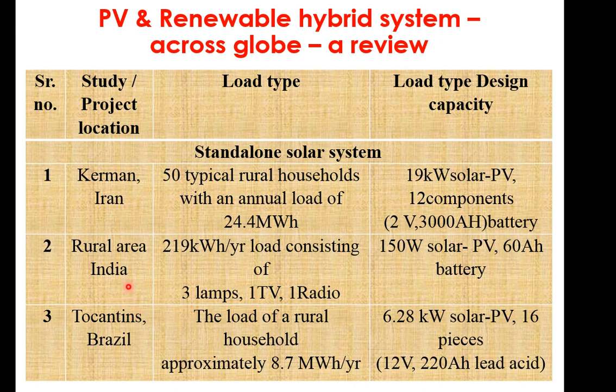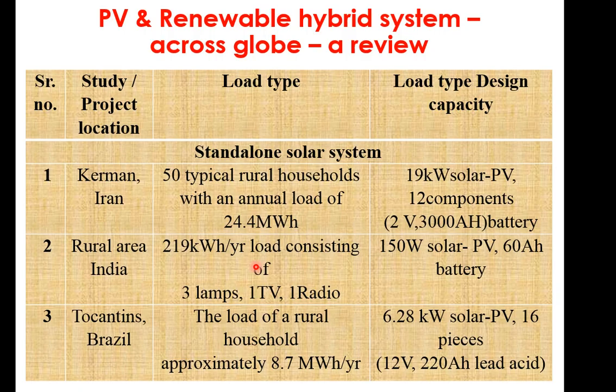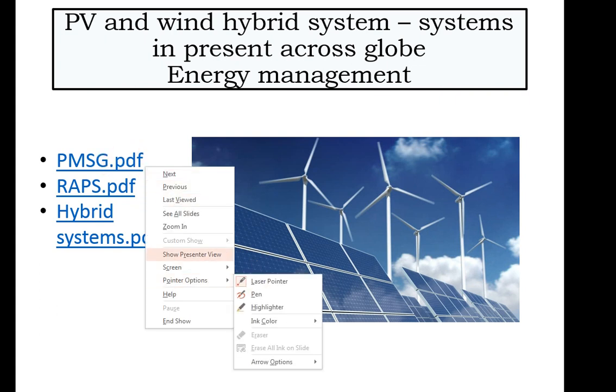If you go with a typical household level, with a typical 24.4 megawatt hour consumption and with some battery backup, these are the other wind solar hybrid systems that are there. Now let's discuss the same, so you get the idea of it.